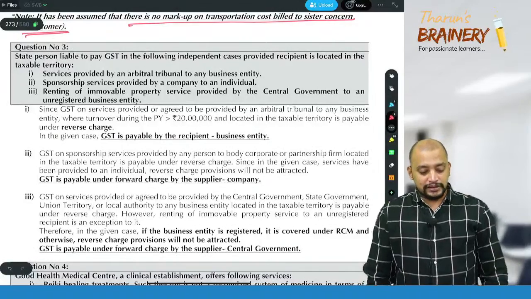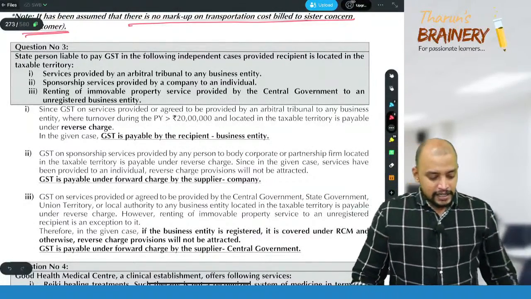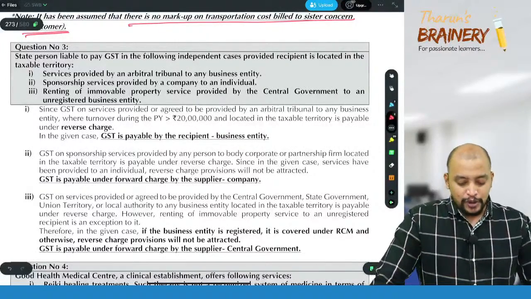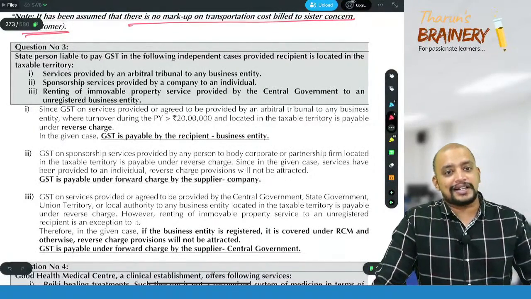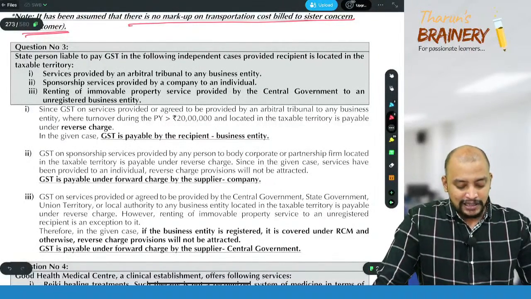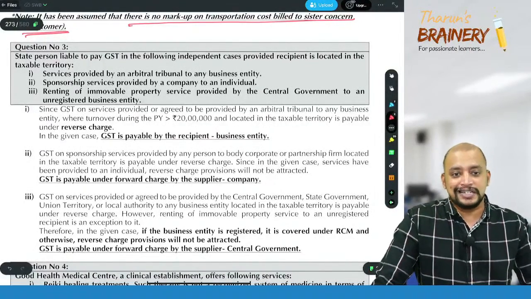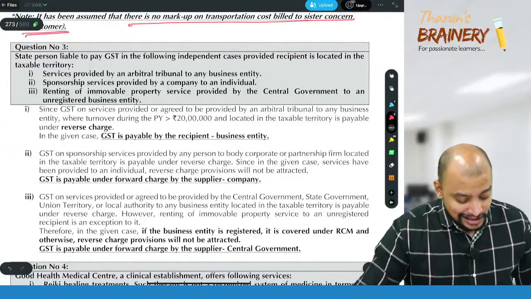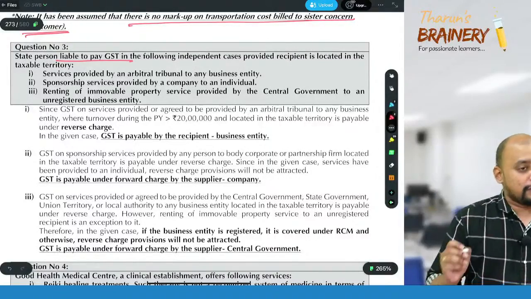Then question number 3: state the person liable to pay GST in the following independent cases, provided recipient is located in the taxable territory. Services provided by an arbitral tribunal to any business entity. Who is liable to pay tax? You don't bother about the exemption.